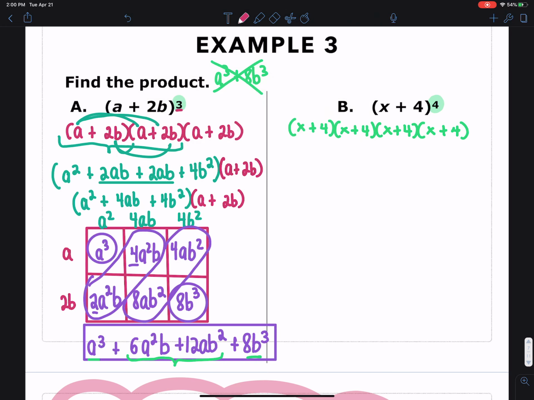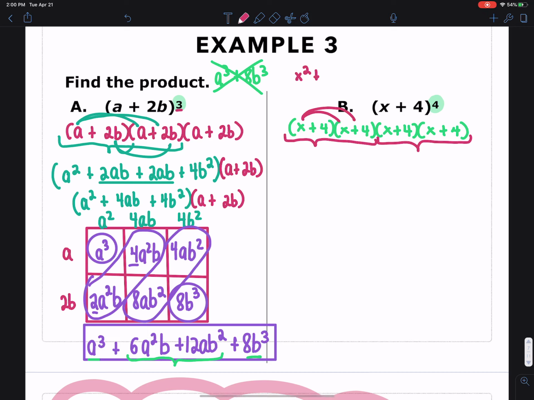But if we break this into 2 pairs, I guess technically this would be the associative property of multiplication, then we can come up with the same thing from multiplying each of those together and multiplying it by itself. So if we multiply x plus 4 times x plus 4, that's going to give us x squared.